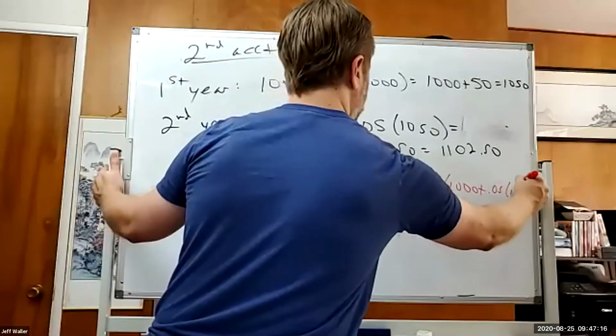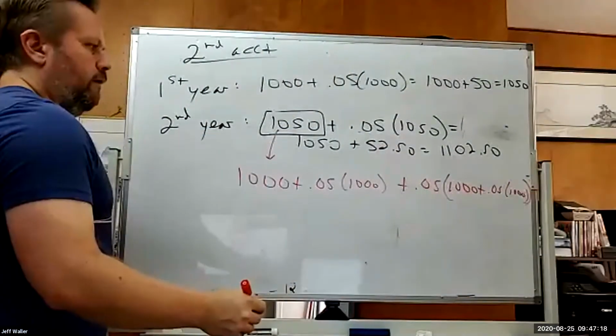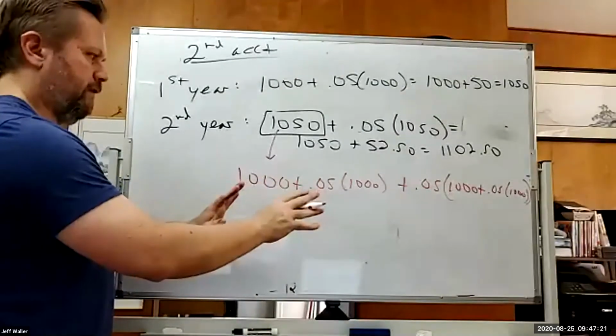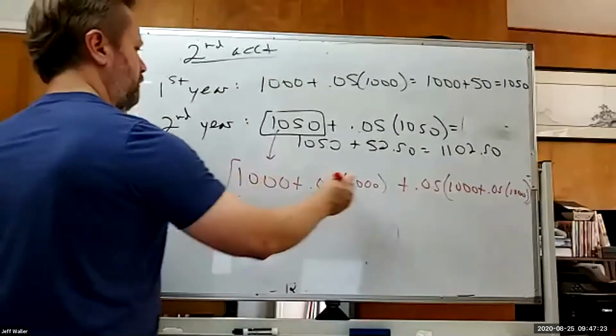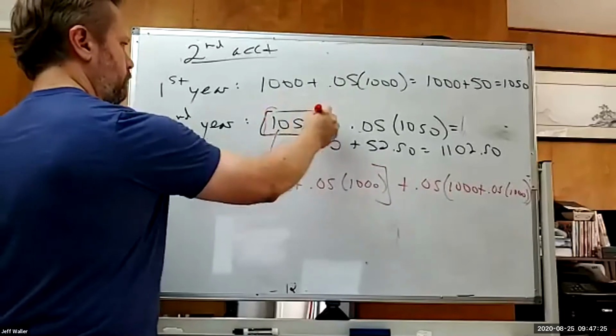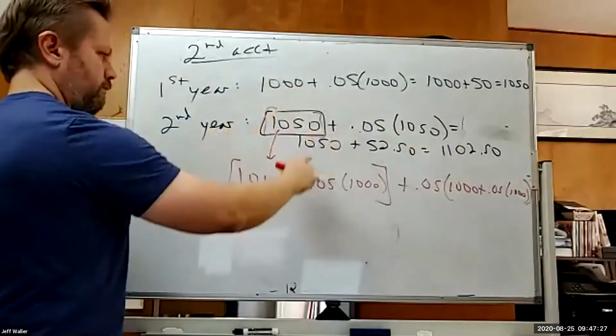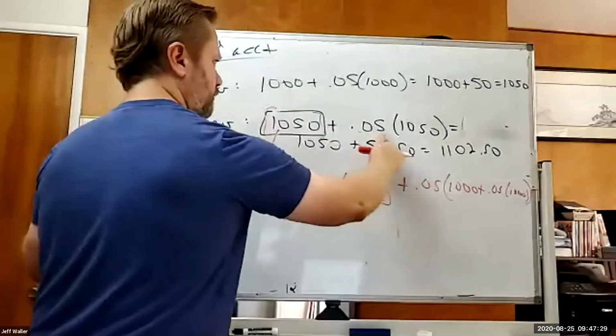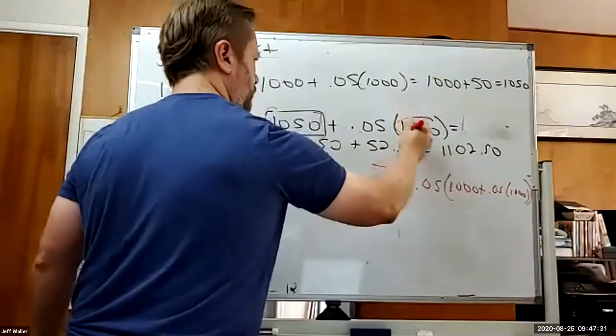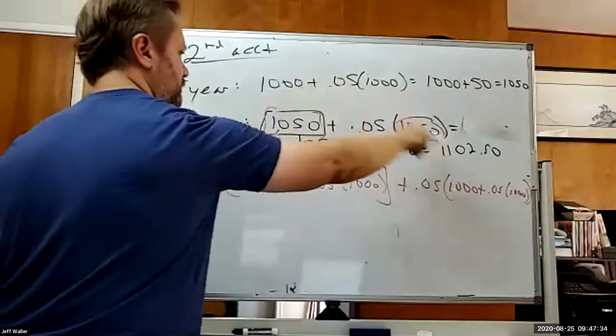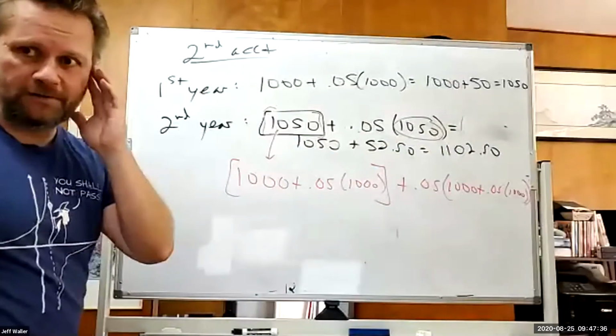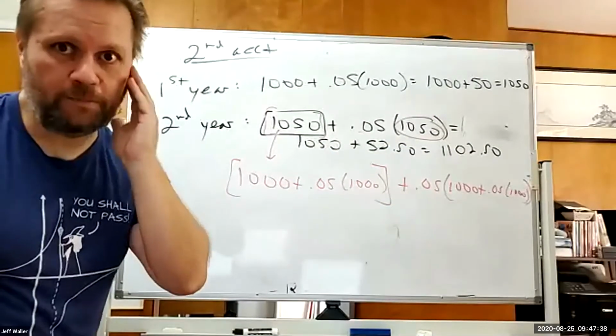Okay, this is disgusting. So all I did was I replaced this with what it is, plus 0.05 times, and then what was this again? That was this business. Bam. Isn't that gross? You guys, I'm sure you agree with me, that's pretty gross.